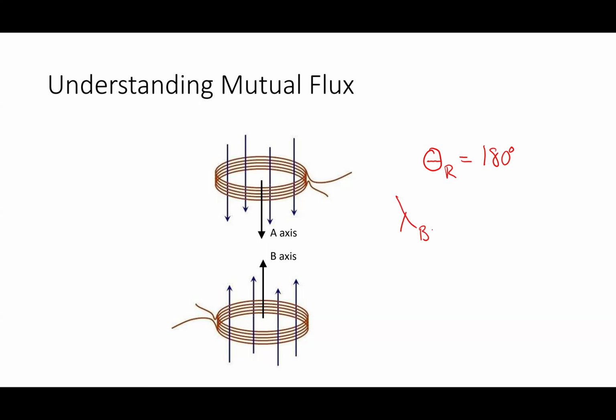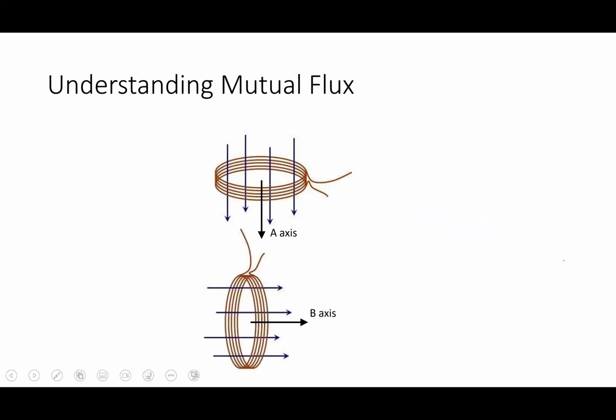So if I say lambda BA, it would be N times A times whatever the B field is, times the cosine of 180, which ends up being the opposite of what I had at 0 degrees. This is going to be negative NA times BA. And what happens when it's at 270 degrees? What's it going to be in this case?